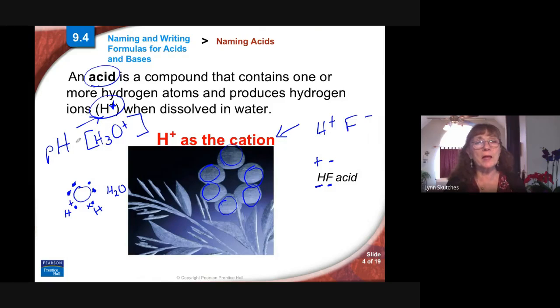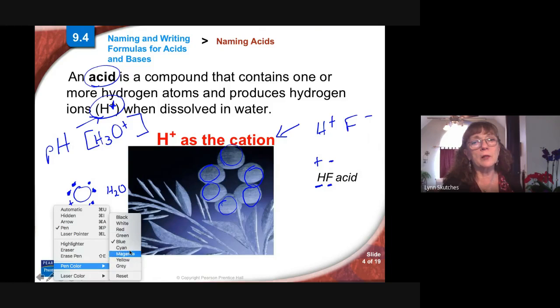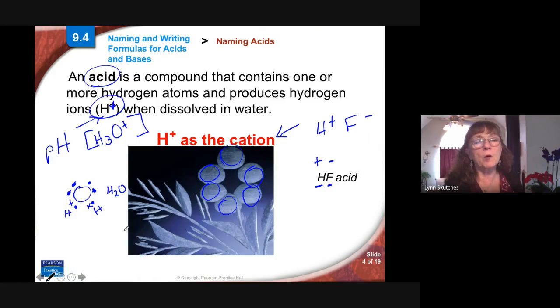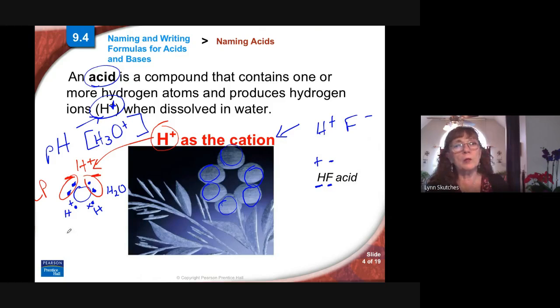And the reason why it's bent is because, we'll go into this in great detail later, water is a polar molecule. It has a positive and a negative end. These lone pairs are much more negative. And so a random hydrogen cation will stick to a water molecule, and that's what forms hydronium.